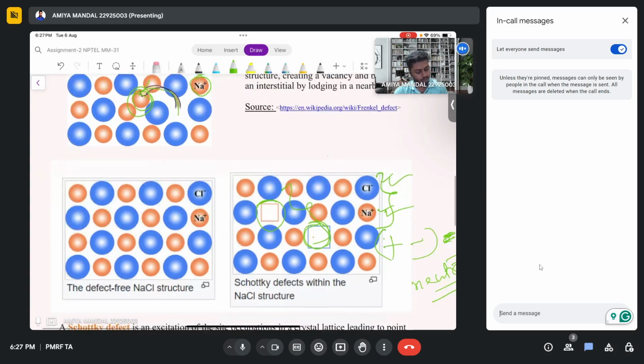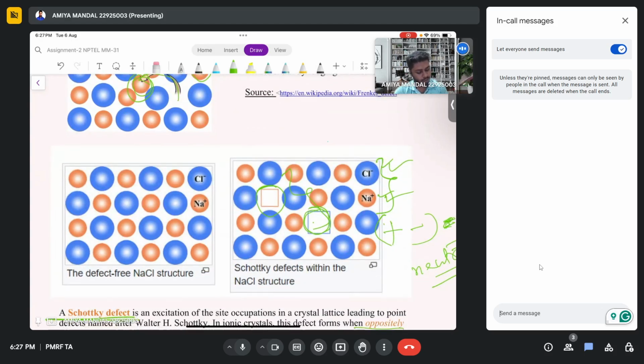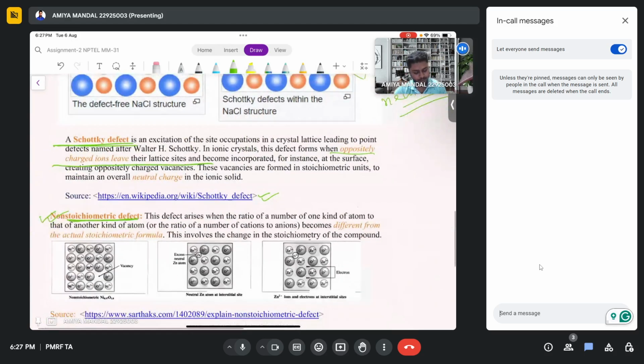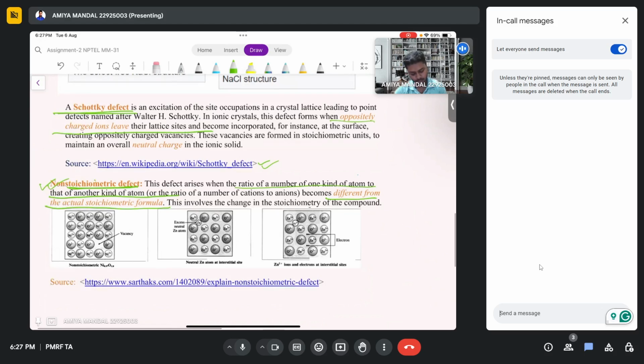In this case also, we have removed just one sodium and one chlorine. We have not put anything in excess of sodium and chlorine. If the ratio of the number of one kind of atom to that of the other kind of atom differs from the actual stoichiometric formula, then this defect is called the non-stoichiometry defect.